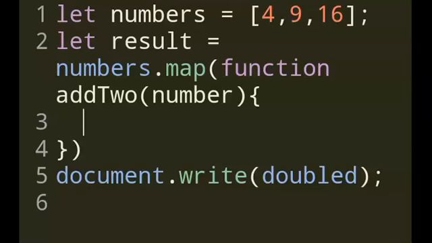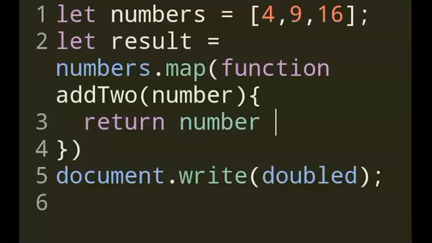Okay, return. So what is supposed to be returned? Number, which is the argument, number plus 2, because it's add 2. I want to add 2 to each and every element present here. Yeah, and then document.write, forgot the semicolon here.